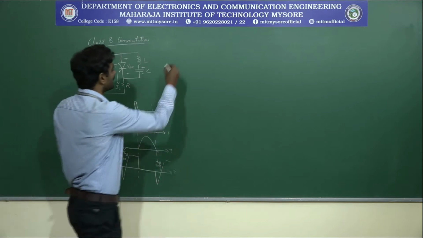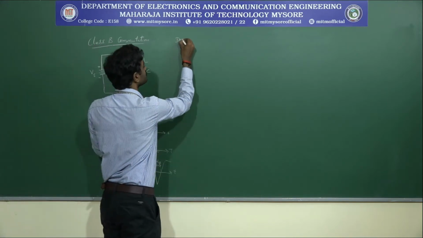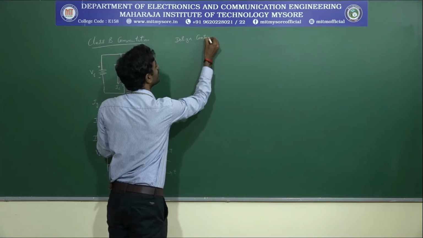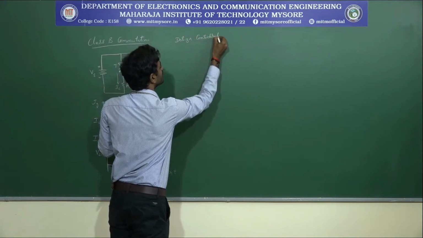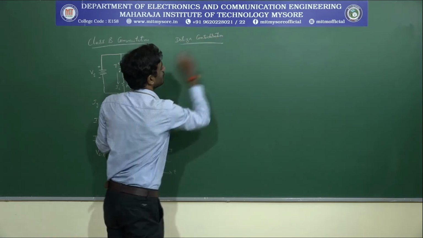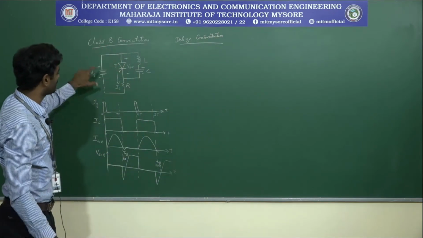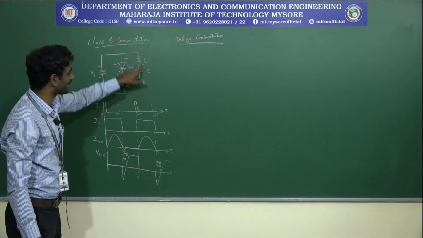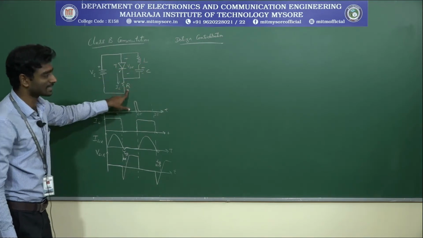If you consider the design consideration, how you are designing your class B commutation. See, if you consider the design consideration, you will have components, that is inductance, capacitance and a resistance value.